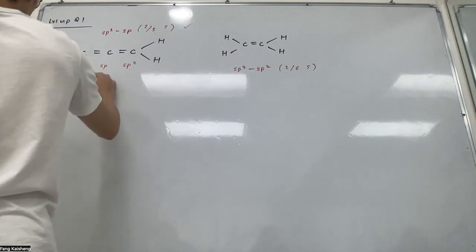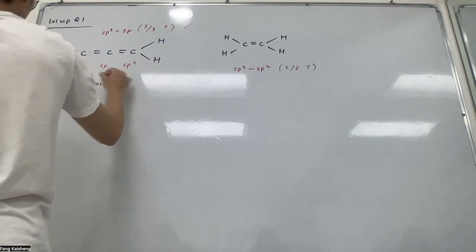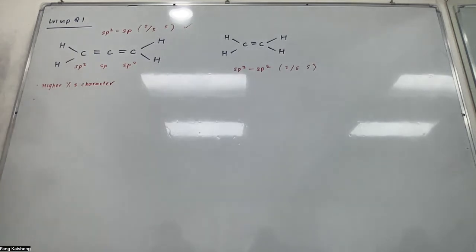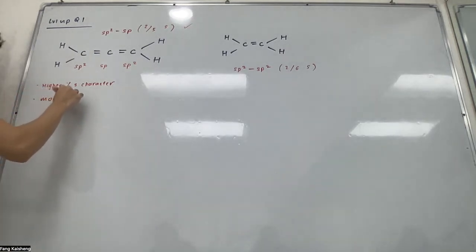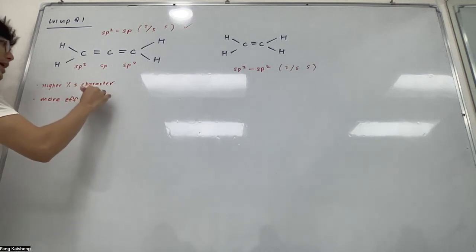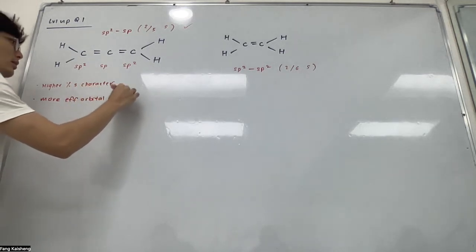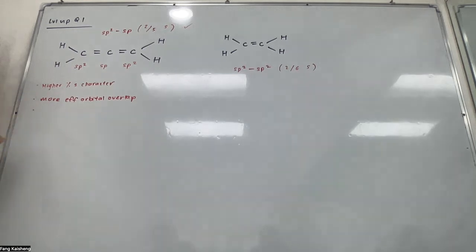Having a higher percentage of S character means what? Remember? The next point you need to write is more effective orbital overlap. And hence, this carbon has a higher bond strength.